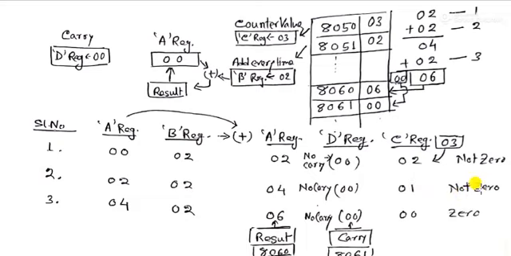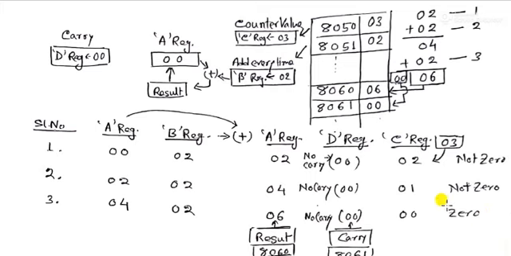So we repeat again. The content of the accumulator is 04 after the addition, and we add 02. The result is 06 in the accumulator. We check, there is no carry, so we decrement the C register from 01 to 00.